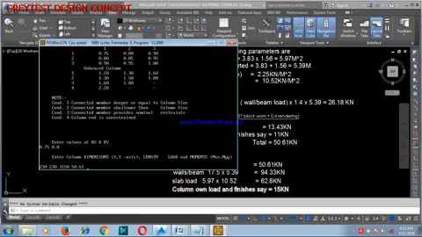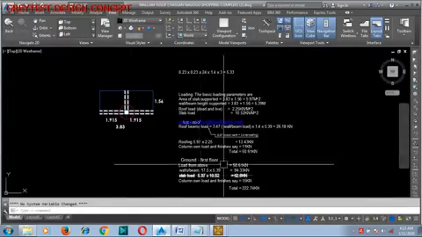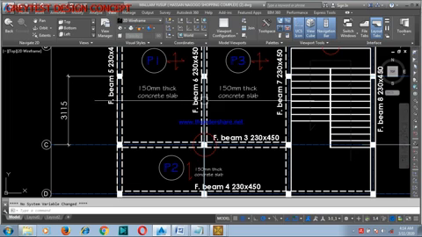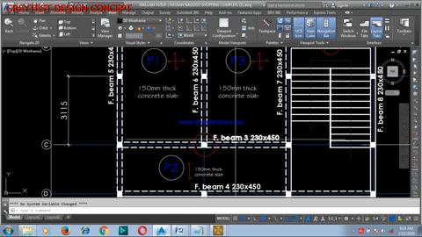Now, what is the moment? The moment is gotten from the beam design. As you can see here, what is the beam? The beam here is beam 3. Look at the beam here now, it is beam 6. If you can remember, we didn't design our beam 6. I'm sorry about that. I am trying to make this video as brief as possible, but let me briefly explain something.